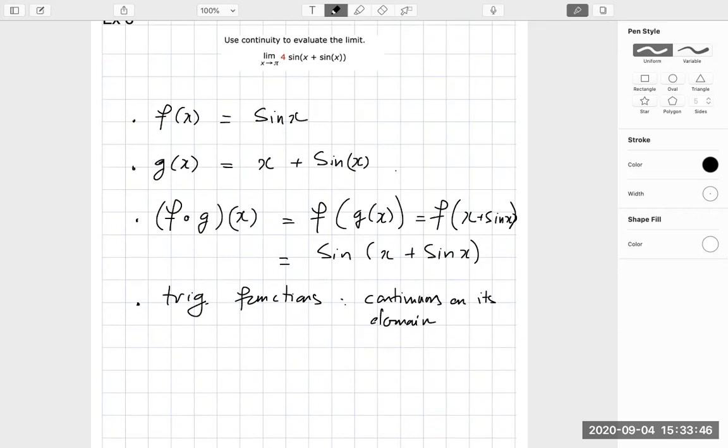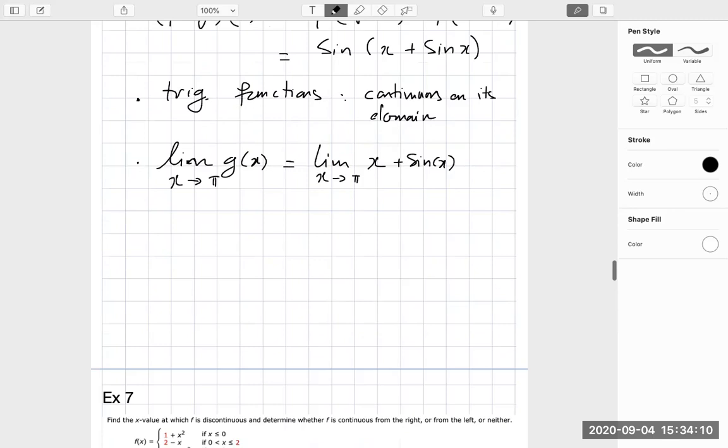So we see that the limit when x approaches pi of g of x, which is the limit of x plus sine of x, is continuous on R, therefore it is continuous at x equal to pi, excuse me. Therefore, we can simply substitute the value. It will be pi plus sine of pi.